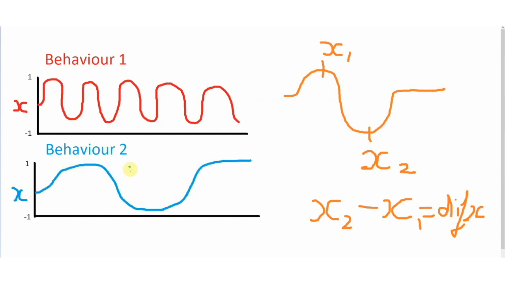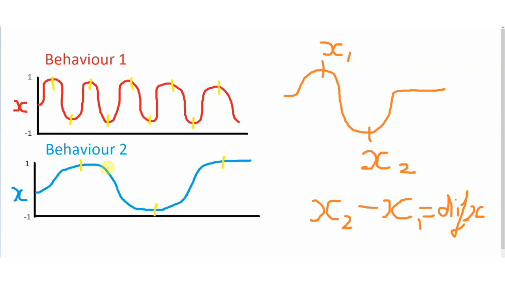And the second. If we made an equation that was pick out values more than 0.9, it would find values at the top of the wave. But it would do the same thing for behavior 1 also. Even though these signals are very different to one another.